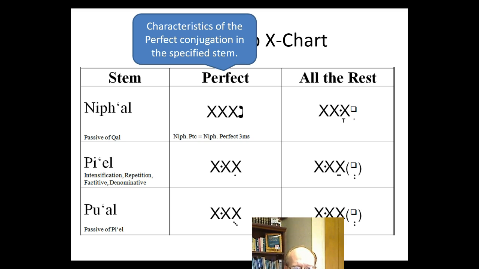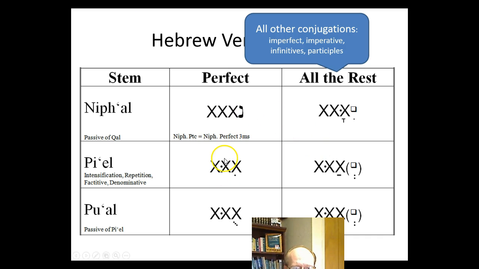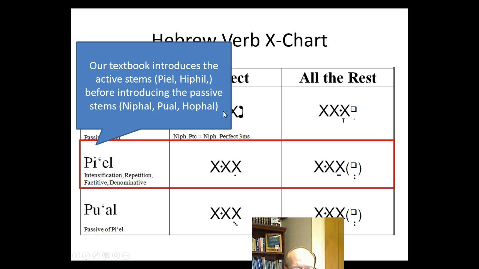Characteristics of the perfect conjugation will be listed in this column, and the characteristics of all the rest in that column. Now that brings us to chapter 23, the Piel, and the textbook authors have chosen to introduce the active stems, the Piel and the hifil, before introducing the passive stems, nifal, pual, and hofal.